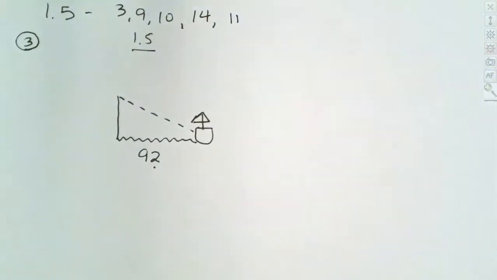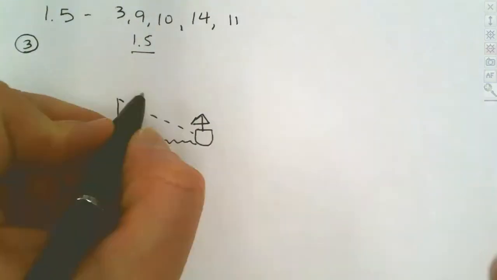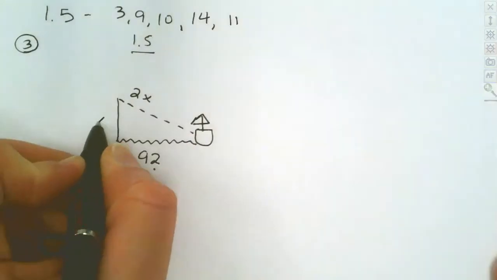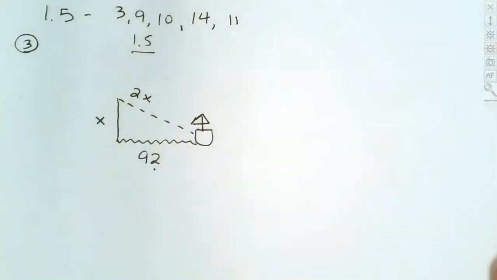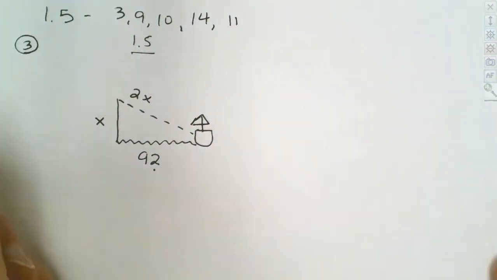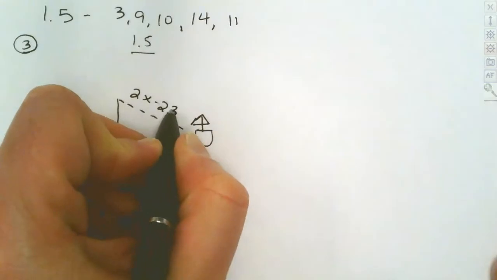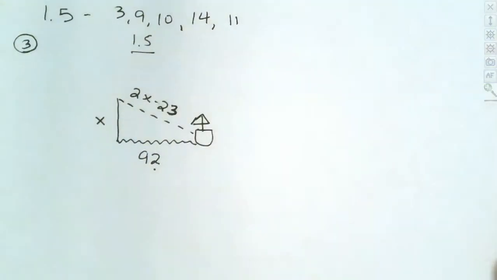If the distance from the top of the cliff to the boat is 23 less than twice the height of the cliff. So twice the height of the cliff would be 2x, because our cliff is unknown for the height there, so that'll be x. And then it says it is what? It is less by 23. So that would be now 2x minus 23.